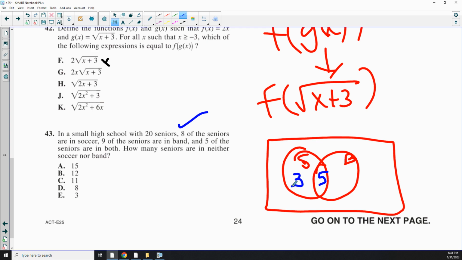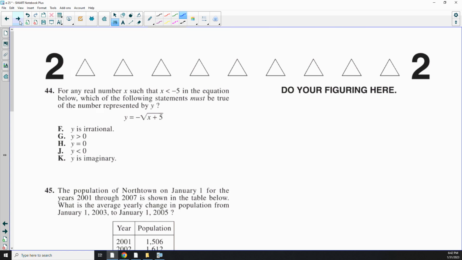So there are 3 soccer guys not in the band. And there are 4, 9 minus 5, band guys who are not in soccer. So who's neither nor, who's not in either one, is D, because there'll be 8 left over after you count these 12. You got me? So that's a counting method of using the middle to count by subtraction, subtracting them out.